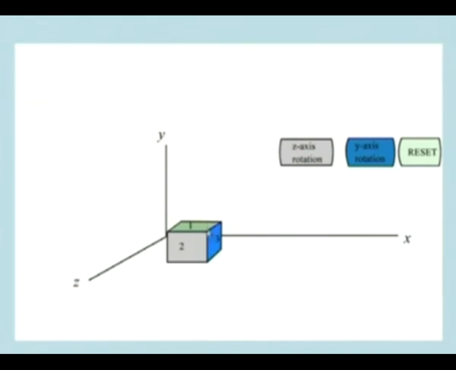A is top green, 2 is slightly brown, 3 is blue. Now if I rotate this by 90 degrees about the z axis, this face has come like this, and then about the y axis, you get this orientation. See it again: z axis rotation 90 degrees, then y axis rotation.